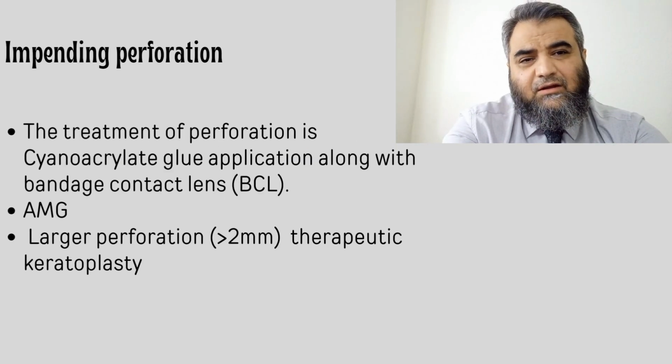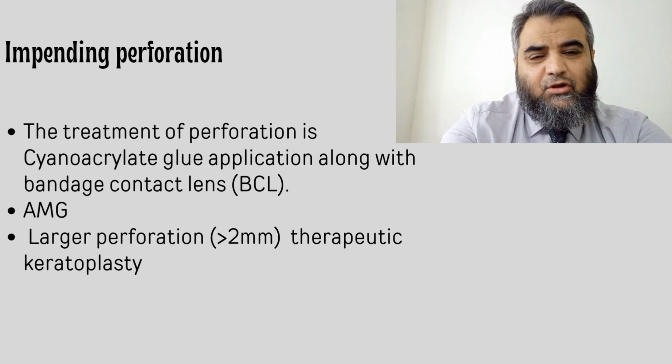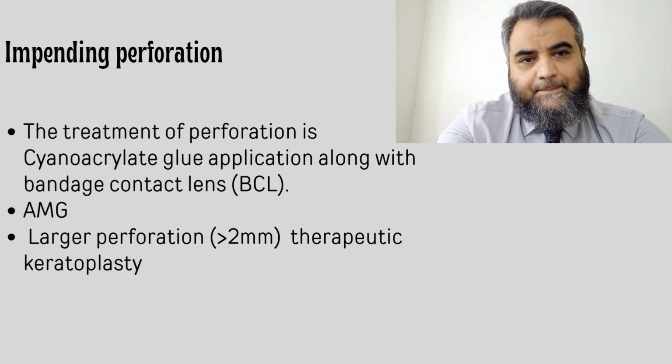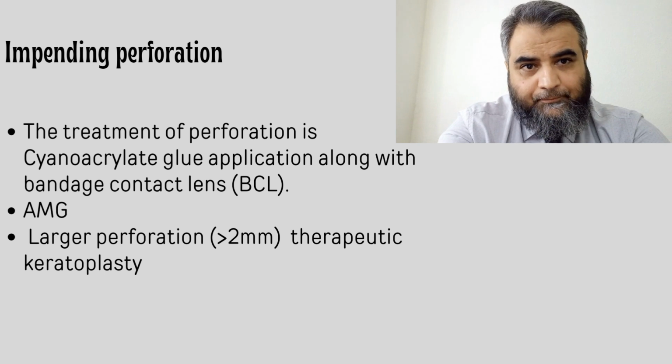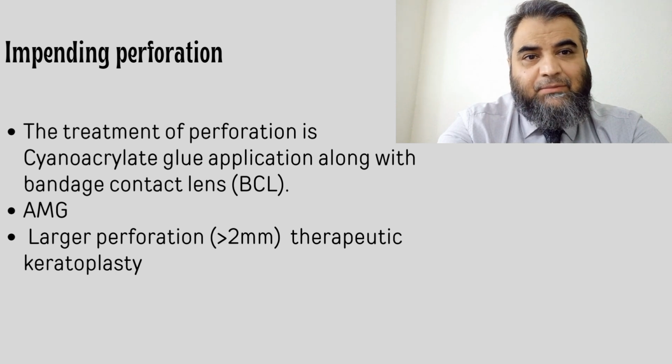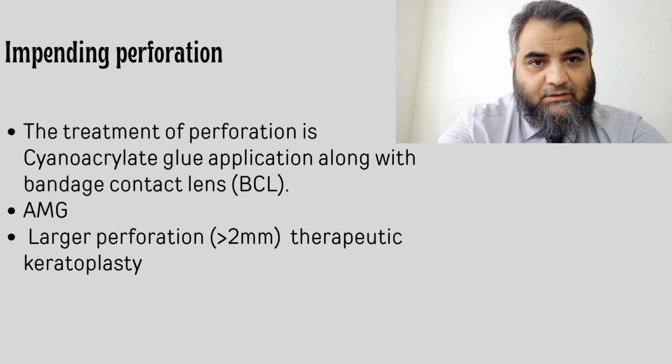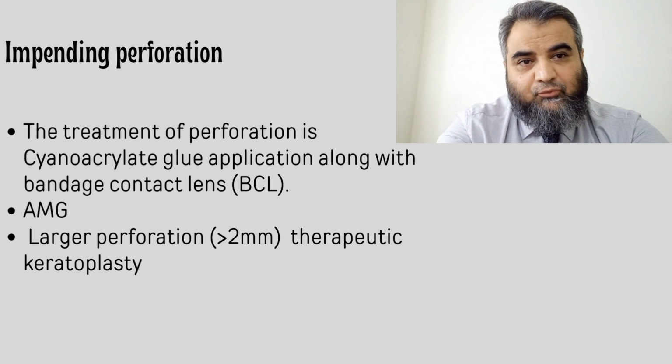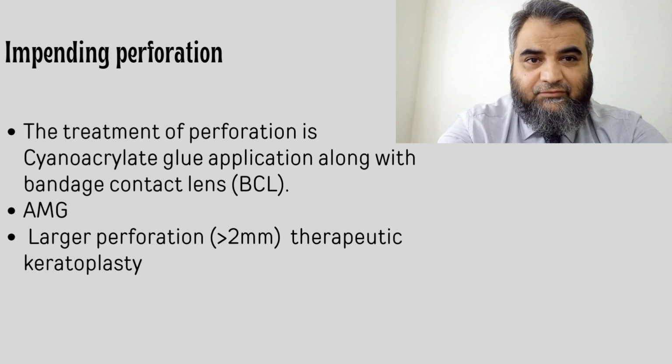Well, if the corneal perforation is very small, we can use cyanoacrylate glue. We can put it there, seal it off, for small perforations, and then we can apply a bandage contact lens. Yes, and the patient can be put on topical antibiotics and followed up routinely.